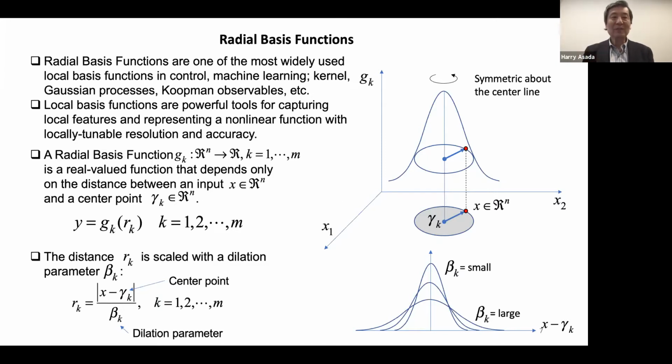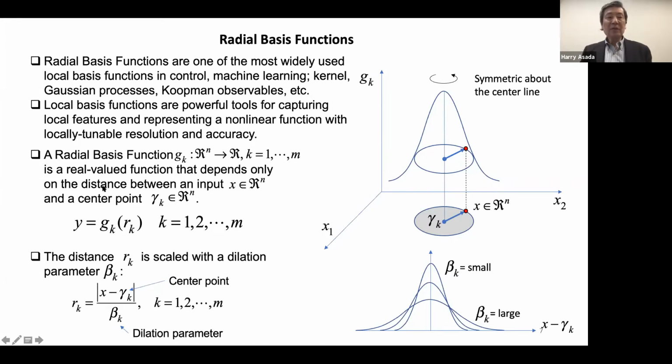You may have no idea about these yet, but you will use radial basis functions repeatedly. So it's a very important tool that I hope everyone masters. Local basis functions are powerful tools for capturing local features and representing a nonlinear function with locally tunable resolution and accuracy.